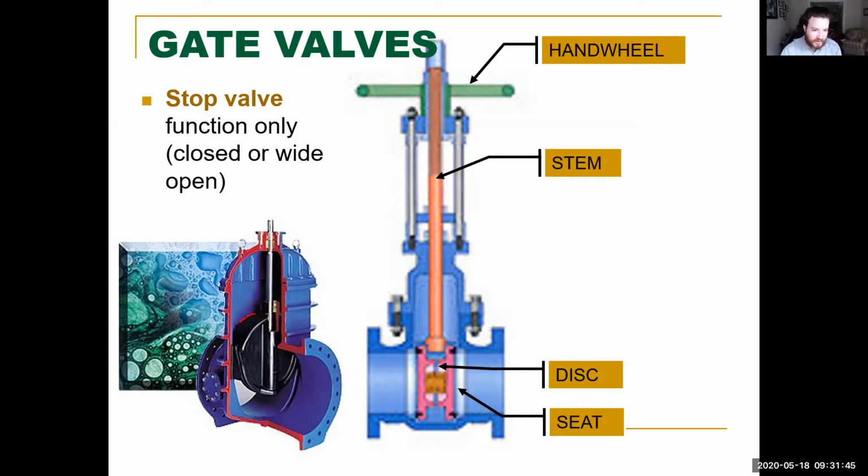This is your disc right here. All right, I know it's kind of hard to see. And then you also have your seat. And this is your seat. It goes all the way around.